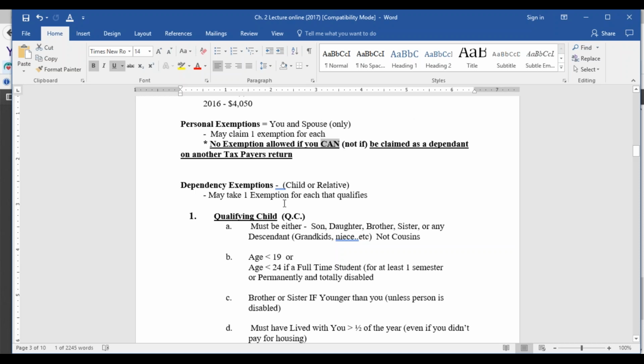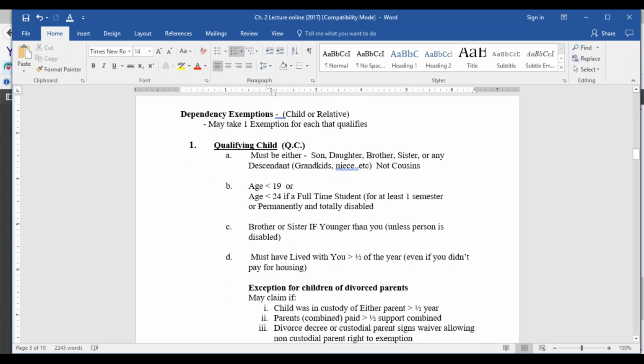If somebody else can claim you, even if they don't, if they are eligible, they meet all the guidelines, they just choose not to, you still wouldn't be able to claim yourself. So it's best if they go ahead and do claim you. That's how the tax law is specifically worded. If you can be claimed by, say, a parent, they meet all the rules, then they should claim you because technically you're not allowed to. So personal exemptions, just you and or your spouse.